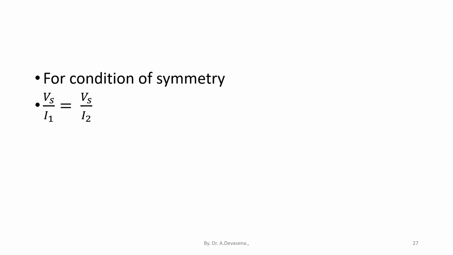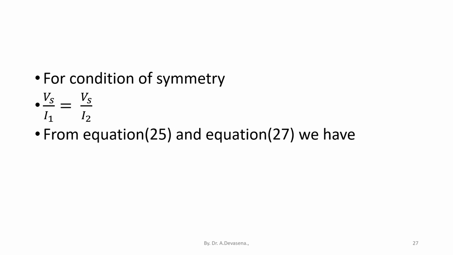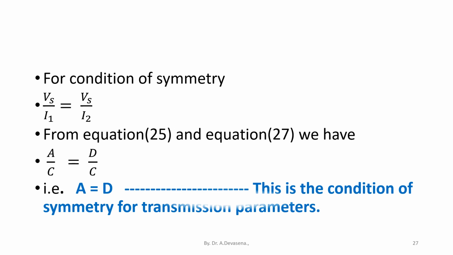For the condition of symmetry, we have Vs by I1 is equal to Vs by I2. So, from equation 25 and equation 27, we have A by C equal to D by C. That is, A is equal to D. This is the condition of symmetry for transmission parameters.